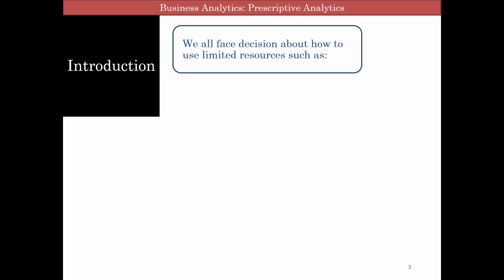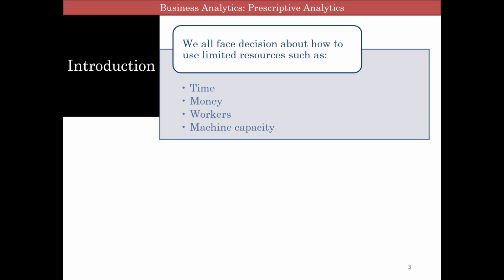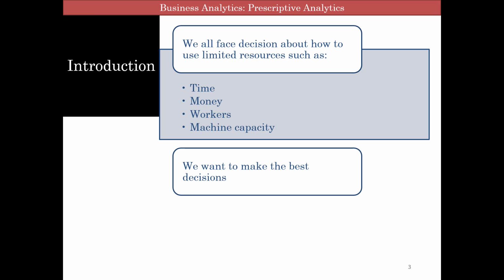So let's talk a little bit about what prescriptive analytics is. We all face decisions about how to use limited resources such as time, money, workers, machine capacity. These are all resources which have a certain specific level, and we don't have more than a certain amount. We want to make the best decisions for our company, for ourselves.